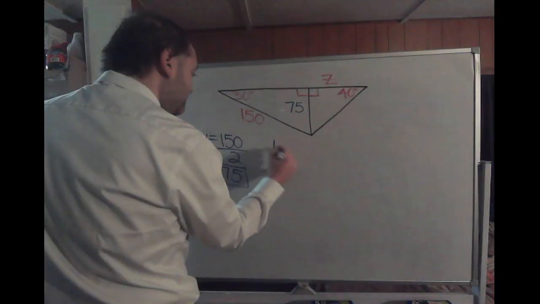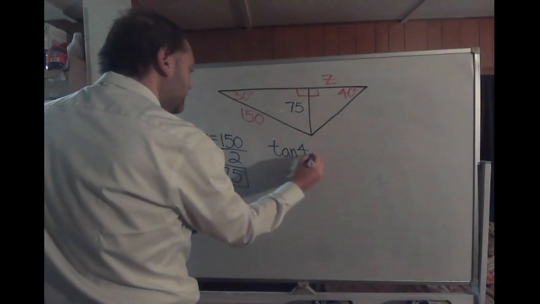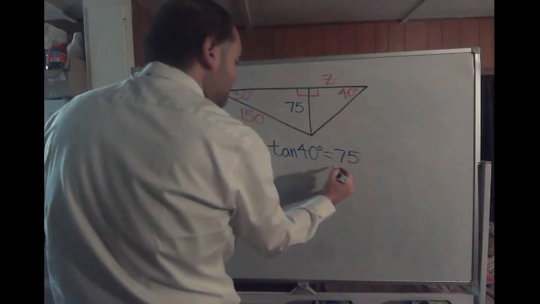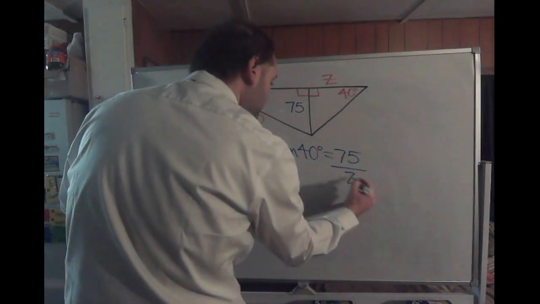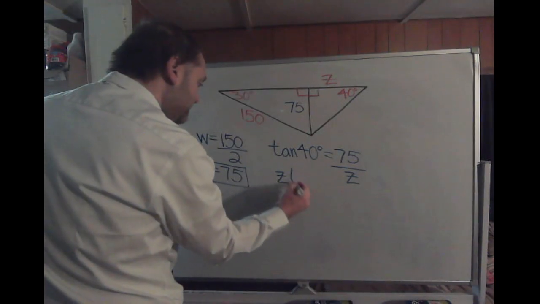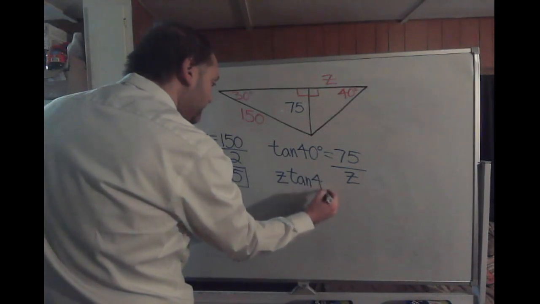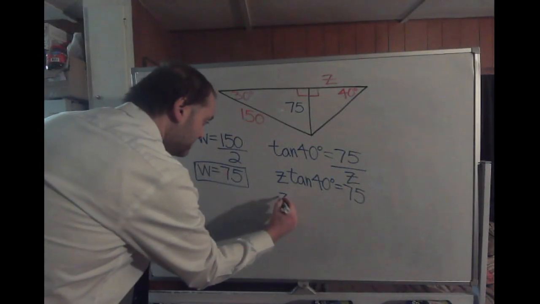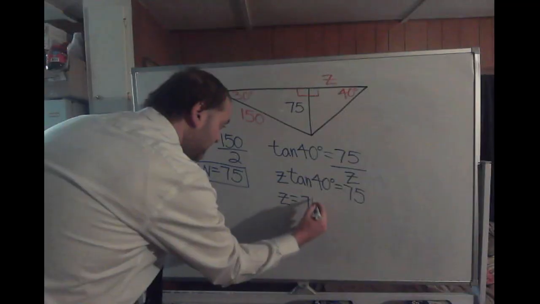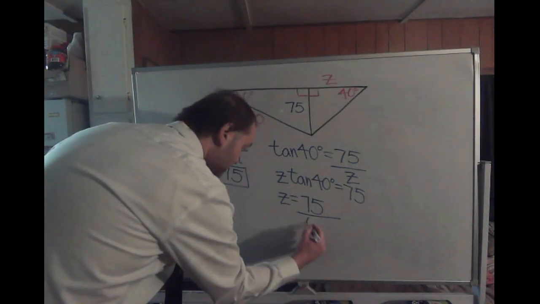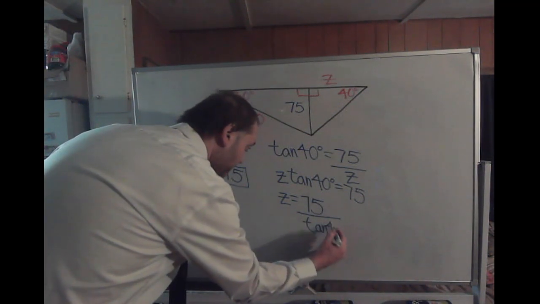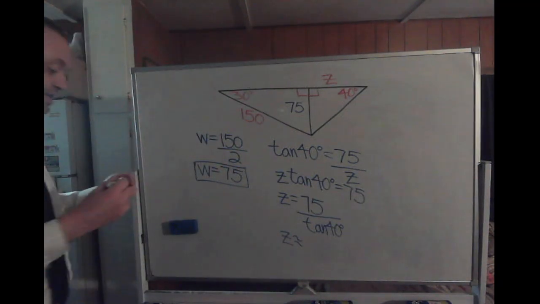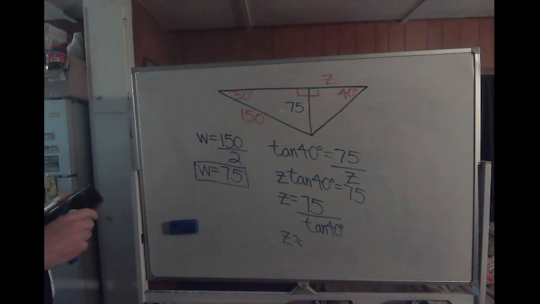So you'll set up the tangent of 40 degrees equal to the opposite side of 75 over the adjacent side of z, which gives z tangent of 40 degrees equals 75, which then means that z equals 75 divided by the tangent of 40 degrees, which we should get as a decimal approximation to 2 decimal places. So let's go ahead and solve that.